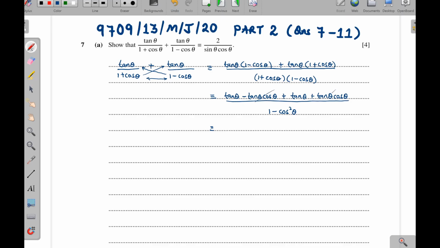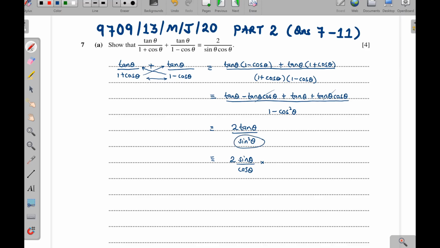This one will cancel with that, so we shall have 2 tan of theta. Then we divide by this one here, okay? 1 minus cos squared theta is actually the same as sine squared theta, not so. What else do we have? Tan is the same as sine out of the cosine.